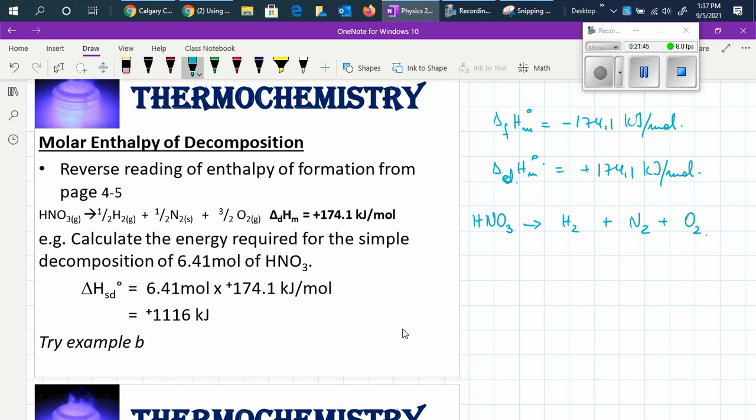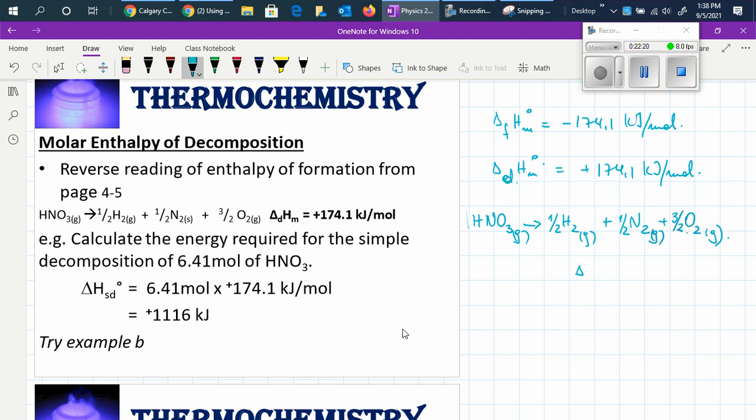They're all gas. The coefficient here has to be 1, which means that we will have half of hydrogen, half of nitrogen, and 3/2 moles of oxygen.